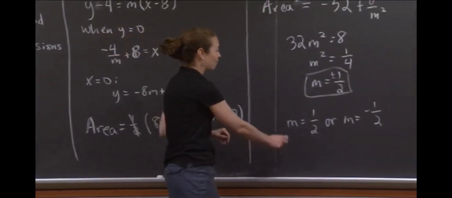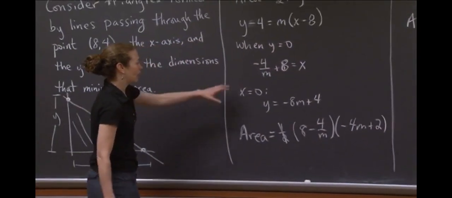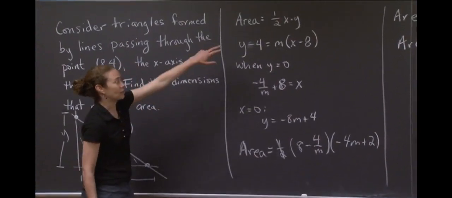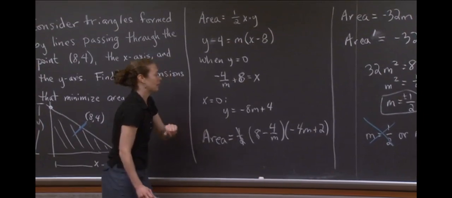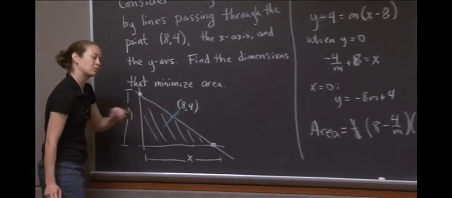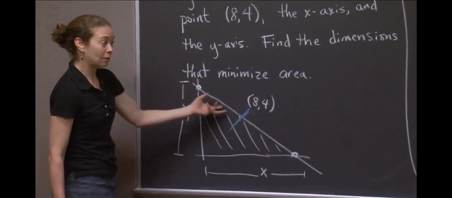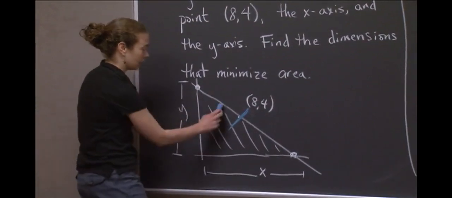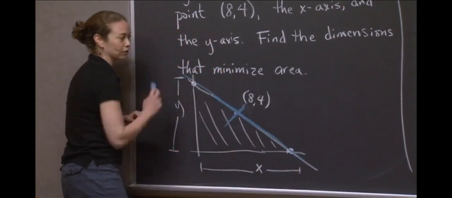Now where did it come from? It came because somewhere I was multiplying m by itself, which maybe isn't actually in the original part. I was introducing a new thing happening there, so I'm not going to get into it too much because we can immediately see that we don't have to worry about m equals 1/2. M equals minus 1/2 looks good. That's sloping in this direction. And in fact, that would give us a nice triangle.